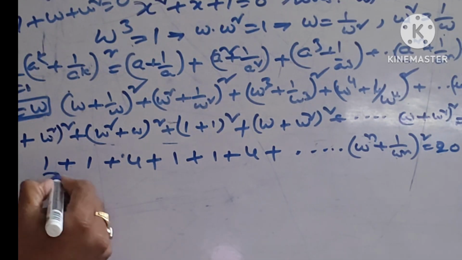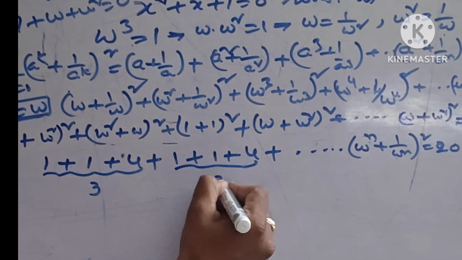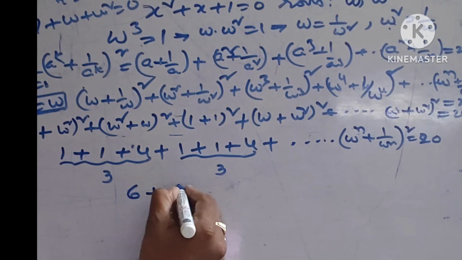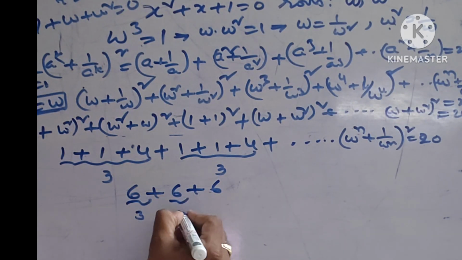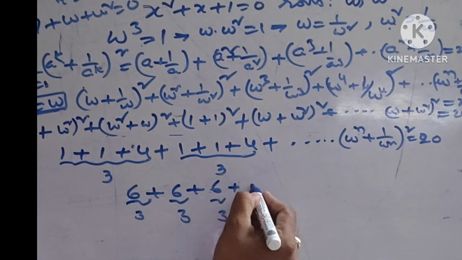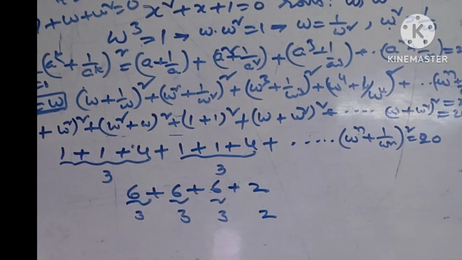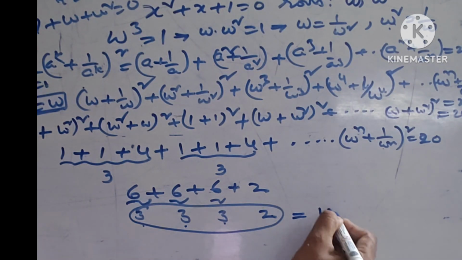Here 1, 1, 4, these 3 numbers, sum 6. Plus 6 plus 6. Here 3 numbers, here 3 numbers, here 3 numbers. Plus, so 18 plus 2, that is 2 numbers. Now total how many numbers are there? 3 plus 3 plus 3, so 9, 9 plus 2, that is 11 numbers. Now n is equal to 11.